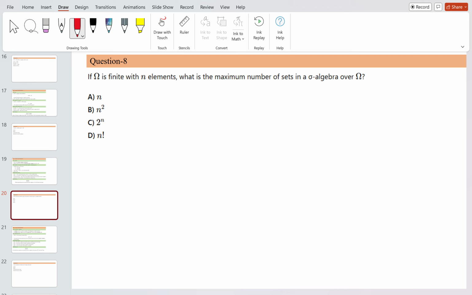If you have an omega that is a finite set with n elements, what is the maximum number of sets in the sigma algebra over omega? You can take one example: suppose omega is a finite set with elements 1, 2.